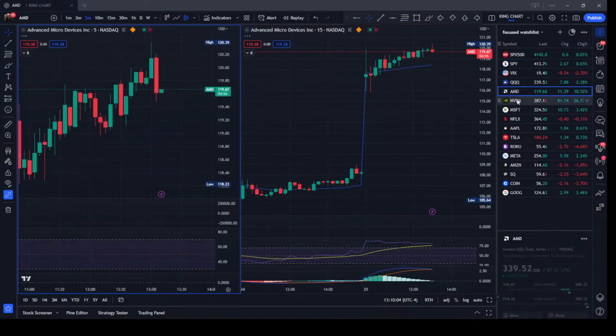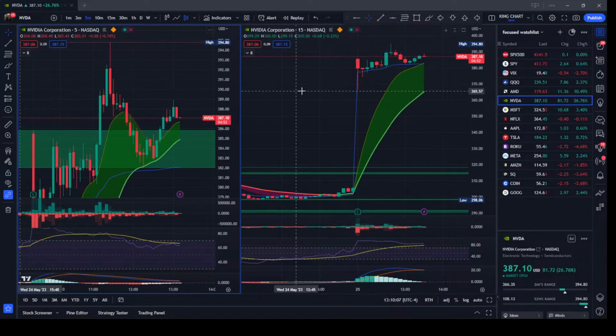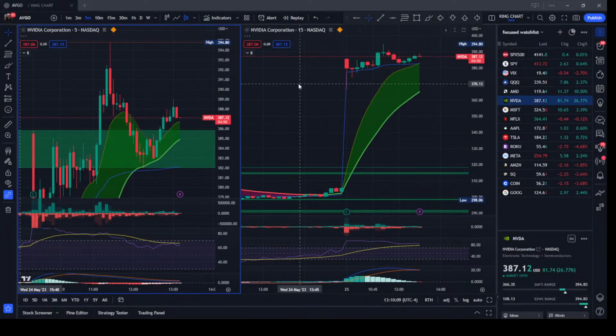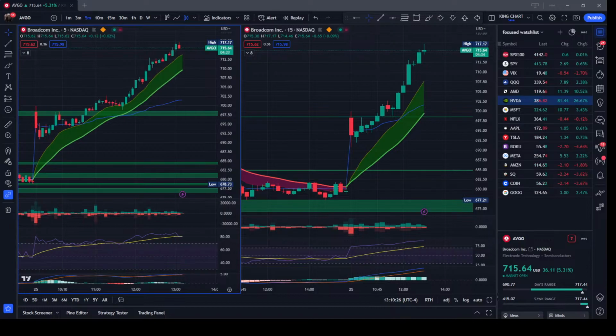Let's see what else. AMD, just check out my setups first. Okay. All right, AVGO, let's go there. David, I use the 5-minute on the left and the 15-minute on the right. I find my setups on the 15, and then I trade them based off my entry on the 5.